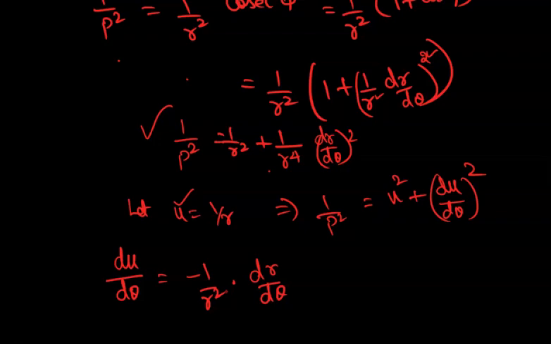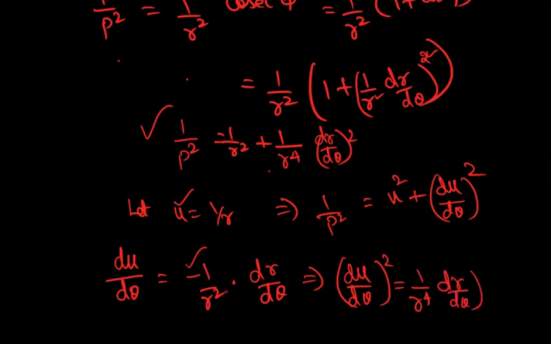So du by d theta, the whole square, this minus will become plus, 1 by r power 4 dr by d theta, the whole square. So that is what we have replaced here.